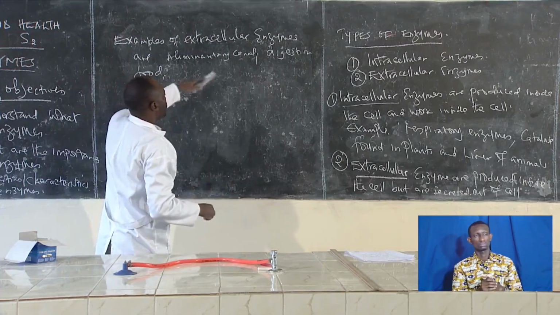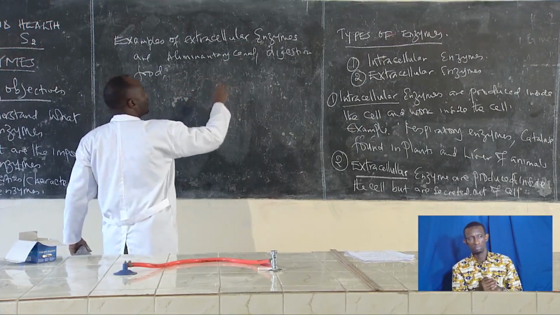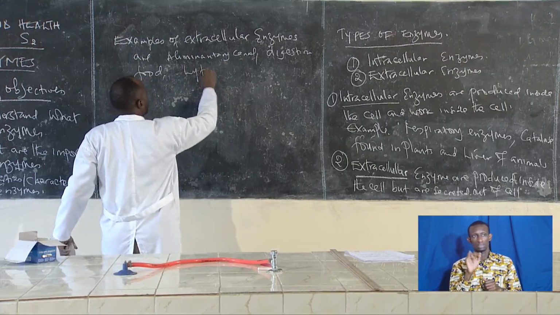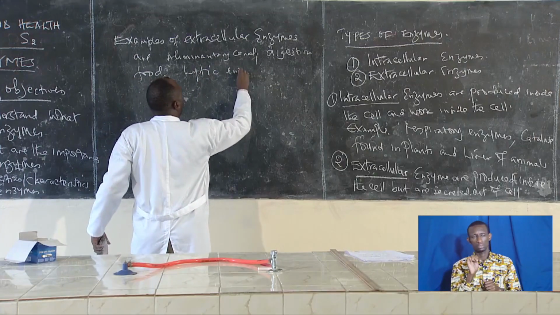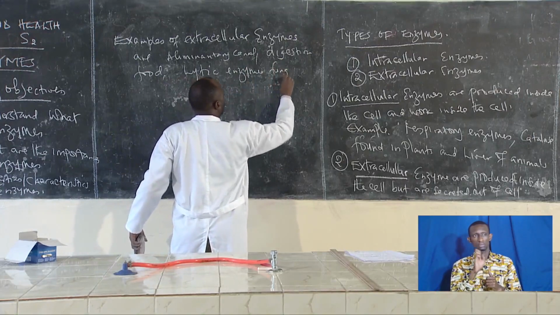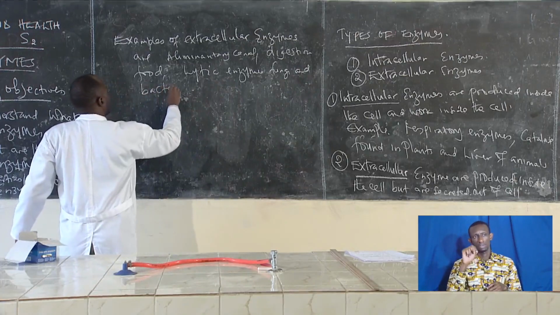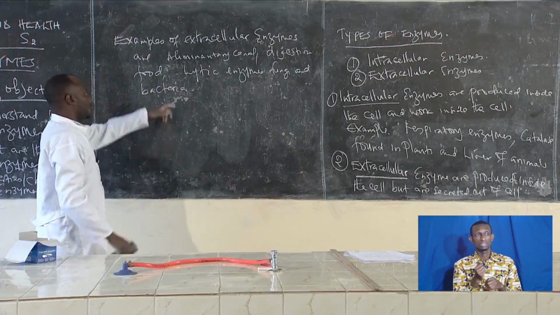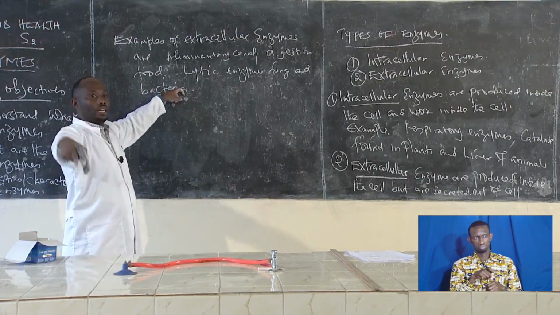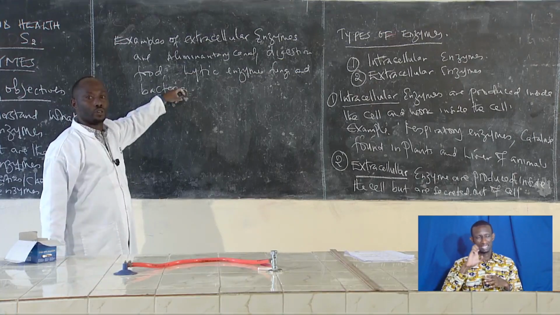So we can also talk about another enzyme which is normally produced. We have what we call saprotrophic enzymes. These enzymes are produced by the fungi and bacteria. They are extracellular, they are secreted inside the cell, but they go to work outside where they normally help in the process of decomposition.